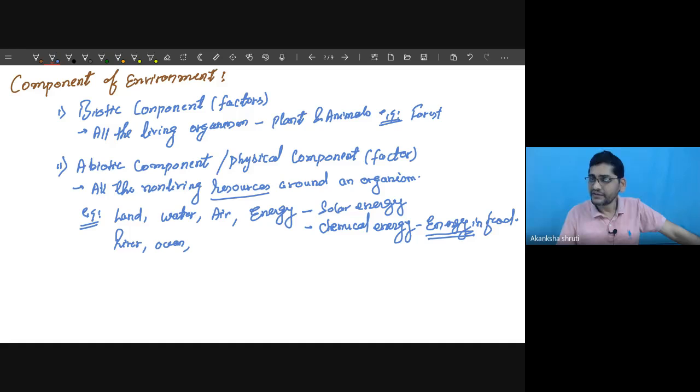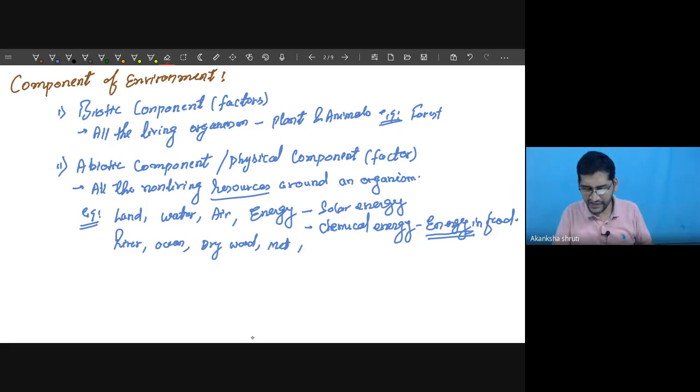Like the dry wood, even the metals, not the metals, a better word is the minerals, that are useful for a particular activity, the minerals, etc. Get it? So these are the biotic and abiotic factors.